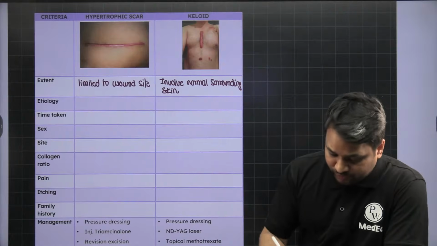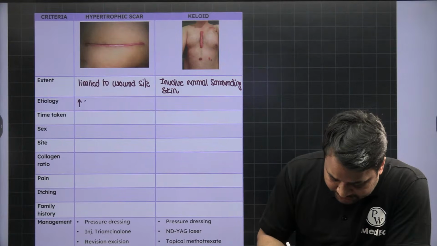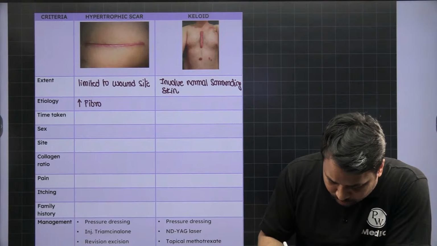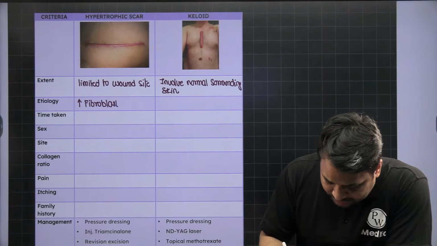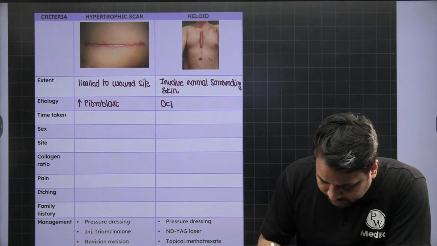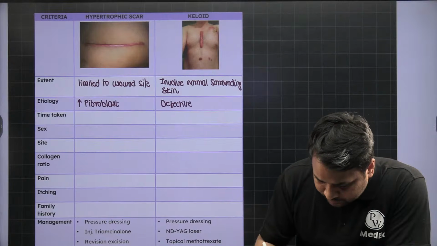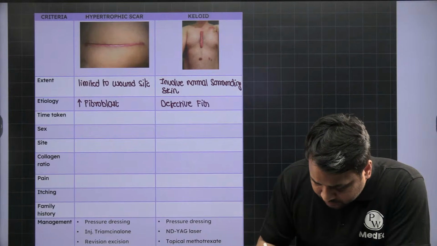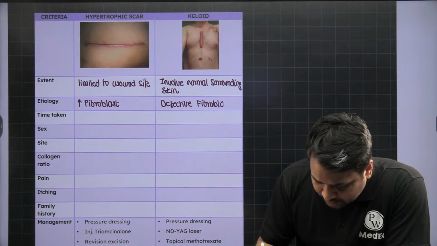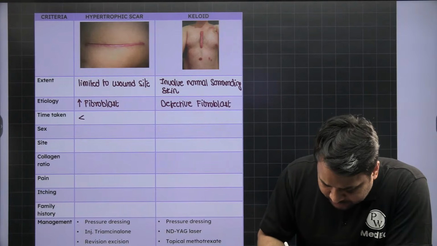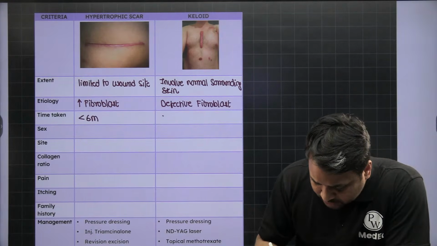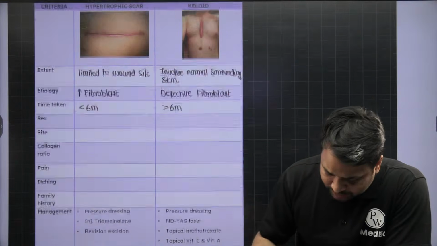The etiology of the hypertrophic scar is believed to be an excessive amount of fibroblasts, whereas in keloids it is because of defective fibroblasts. The hypertrophic scar forms within 6 months, whereas keloids continue to grow even beyond 6 months.